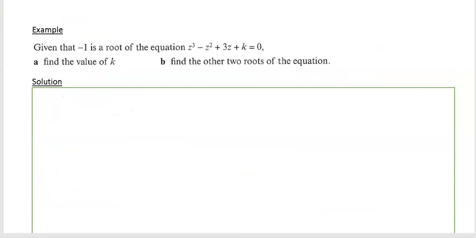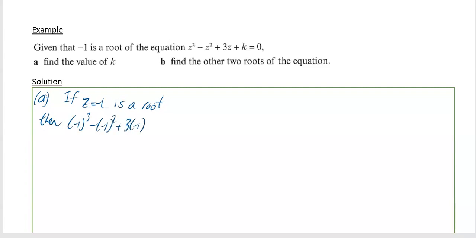Okay, this one is a cubic example. It says, given that minus 1 is a root of the equation z cubed minus z squared plus 3z plus k equals 0, find the value of k. So first of all, if z equals minus 1 is a root, that means that if you put minus 1 through the equation, minus 1 cubed minus minus 1 squared plus 3 times minus 1 plus k, it will be equal to 0.